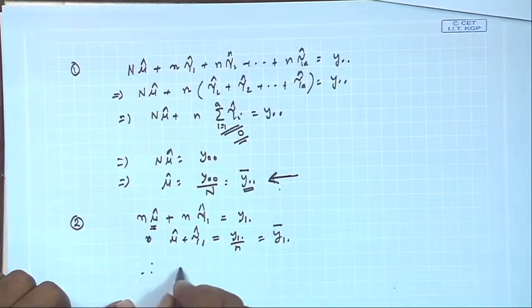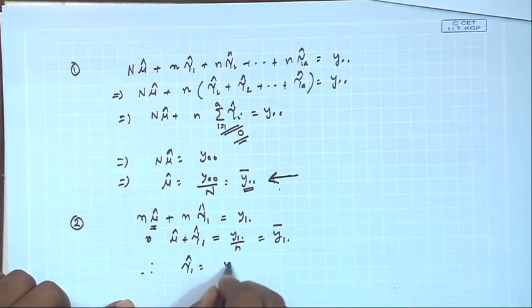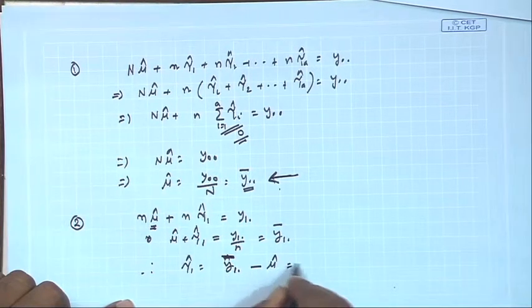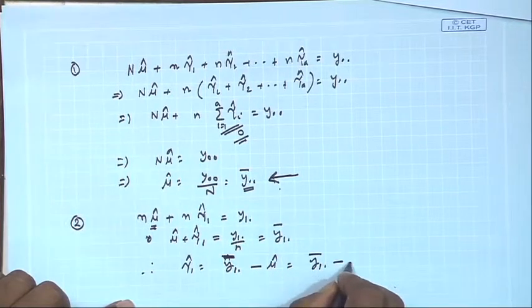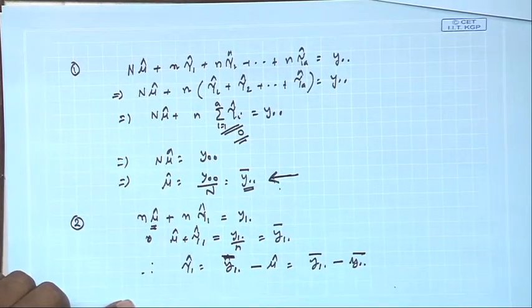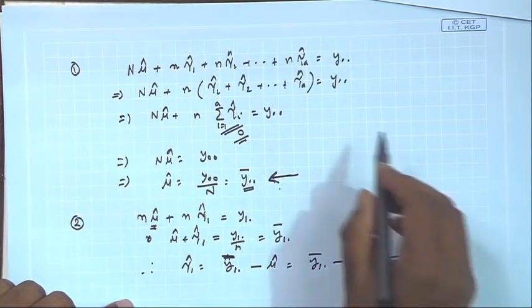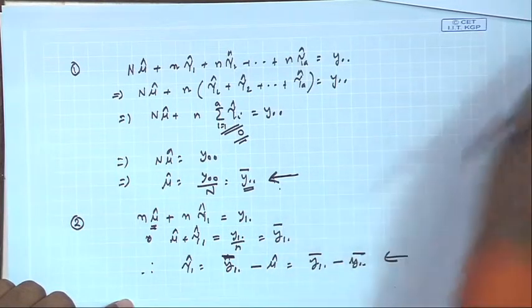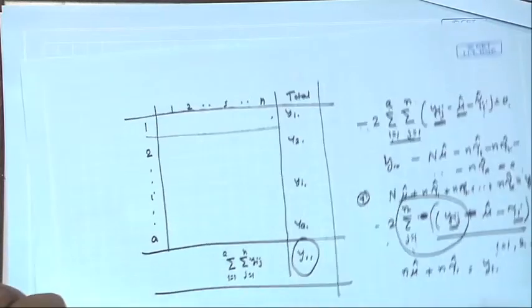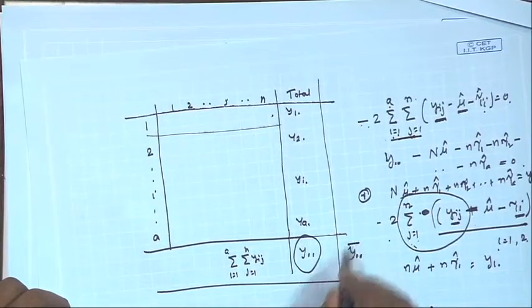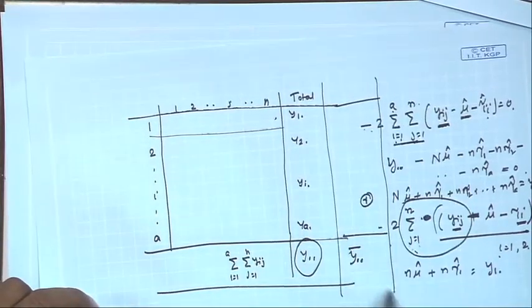So as a result, tau 1 cap is nothing but y 1 dot average minus mu cap, equal to y 1 dot average minus y dot dot average. Okay, y 1 dot bar, this average. This is what you have seen earlier also: for every row average, if you recall, we found the overall average and then the tau.